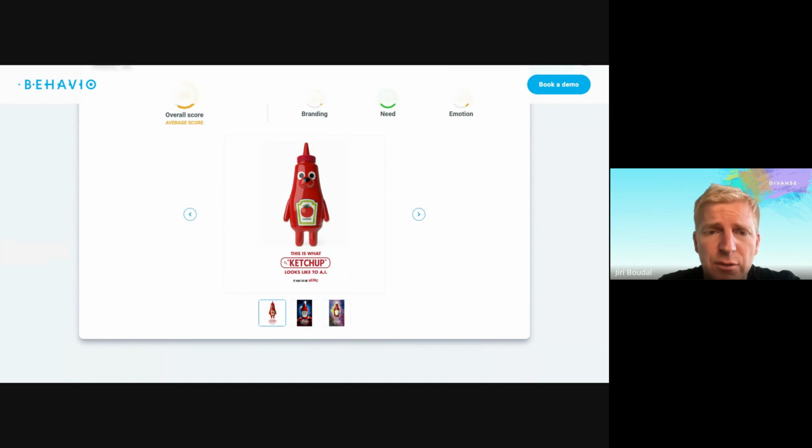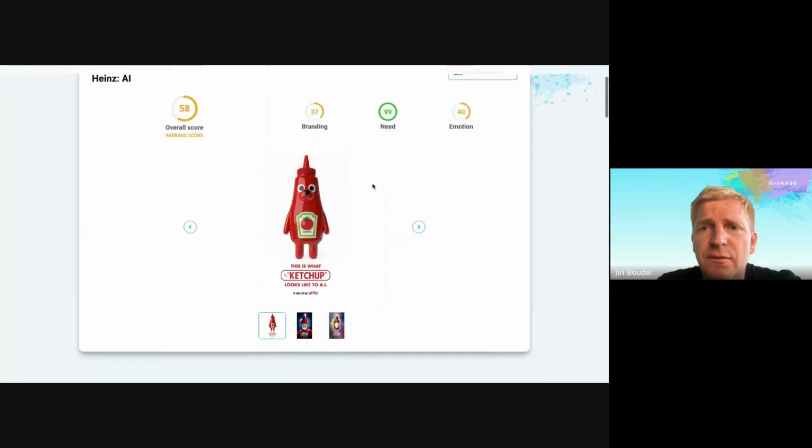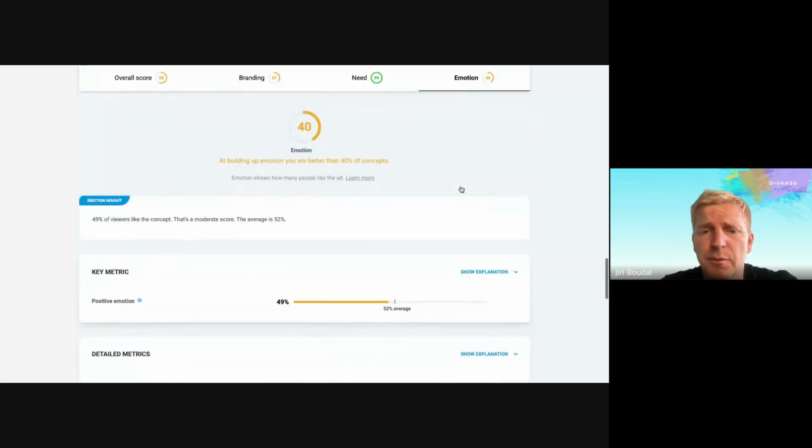One easy fix here would be to make the logo bigger, but it didn't work as well. The need is clear as well, but let's look into the emotional part.